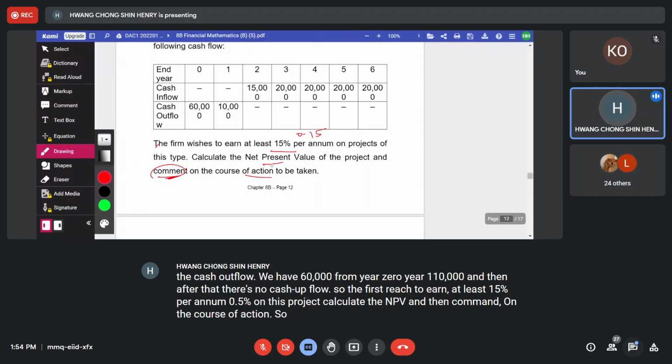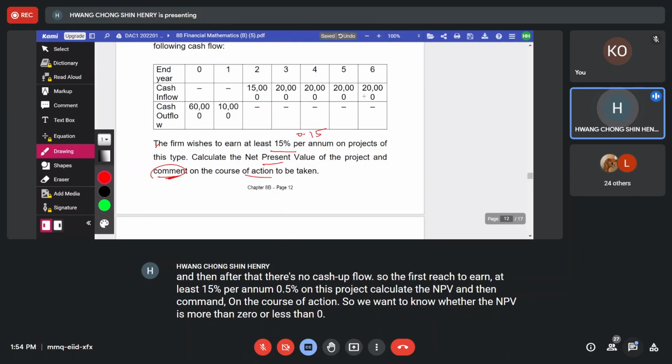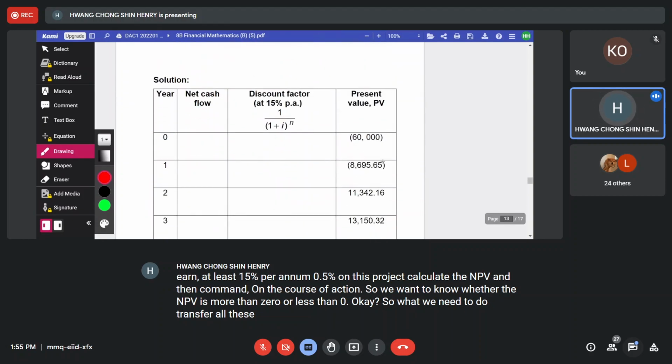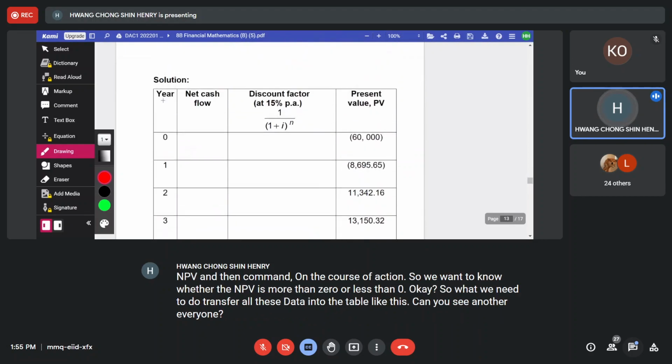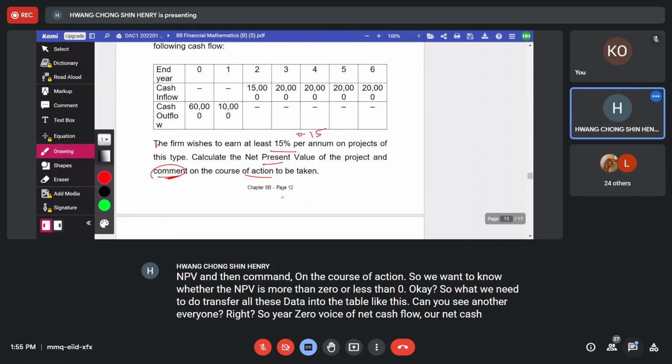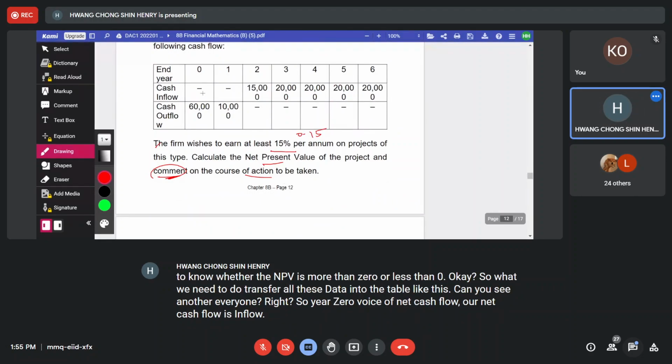So we want to know whether the NPV is more than 0 or less than 0. Okay, so what we need to do, transfer all this data into a table like this. Can you see or not, everyone? All right, so year 0, what's the net cash flow? Net cash flow is inflow, there's no inflow here, minus the outflow.